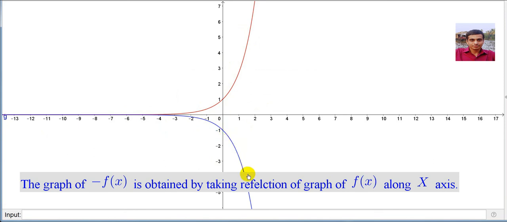You can easily observe that these two graphs are mirror images of each other along the line y is equal to 0, that is along the x-axis. This relation is again universal, applicable for all real valued functions of real variables. The graph of minus f of x is obtained by taking reflection of the graph of f of x along the x-axis.